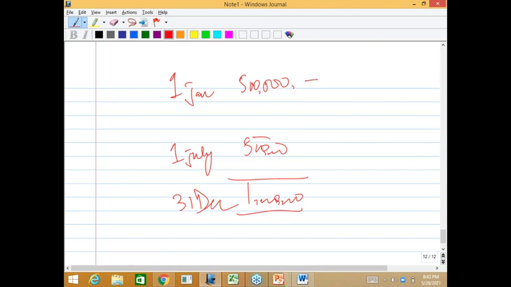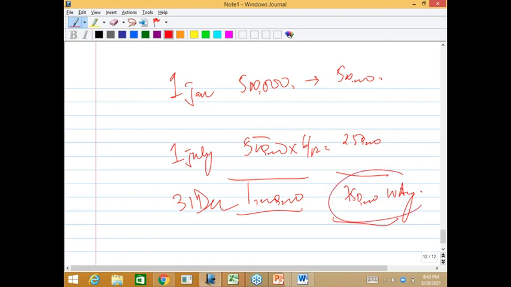But with reference to IAS 33, the first 5 lakh will be counted as full, and the remaining 5 lakh will be used for 6 months only. So the weighted average shares will be 7,50,000 in this case.